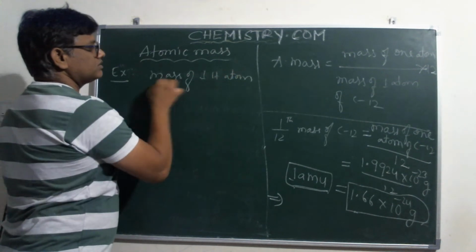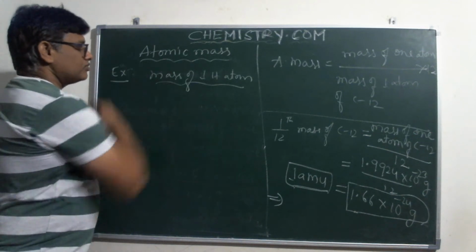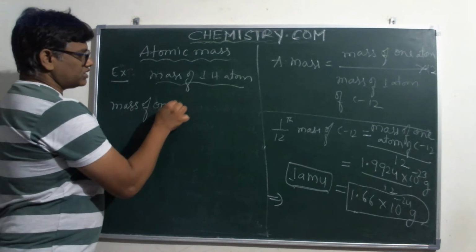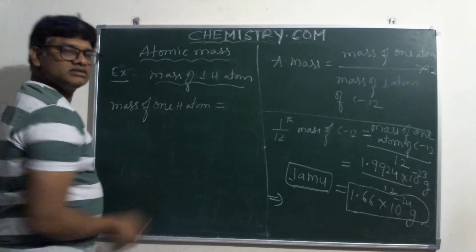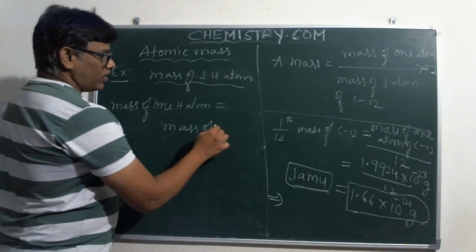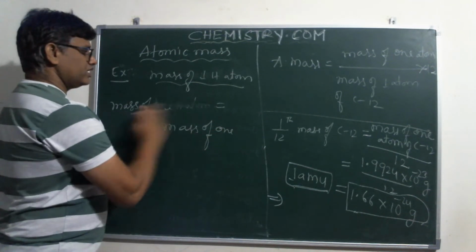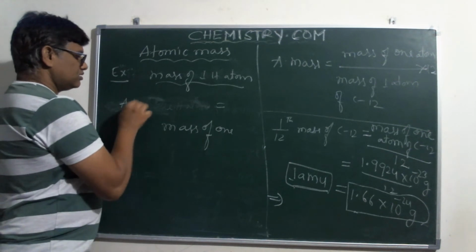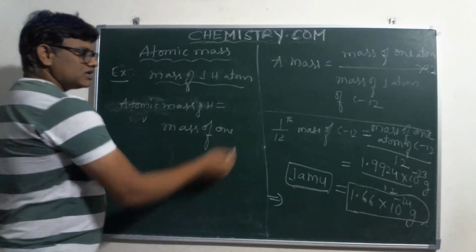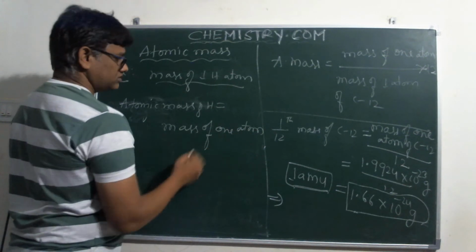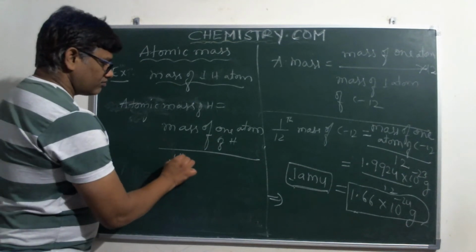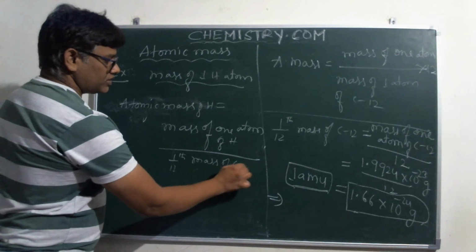The atomic mass of hydrogen atom is equal to the mass of one atom of hydrogen over 1/12 mass of carbon 12 isotope.